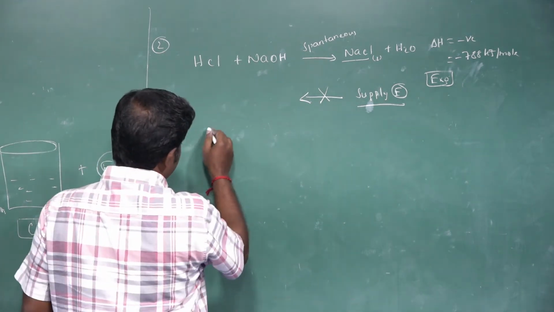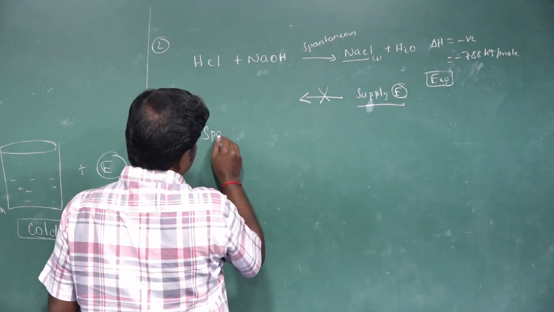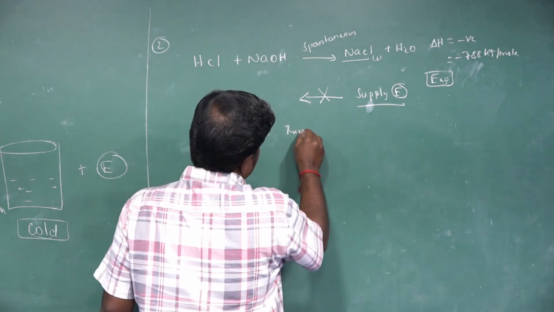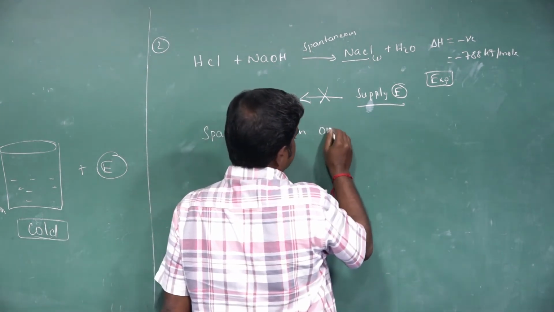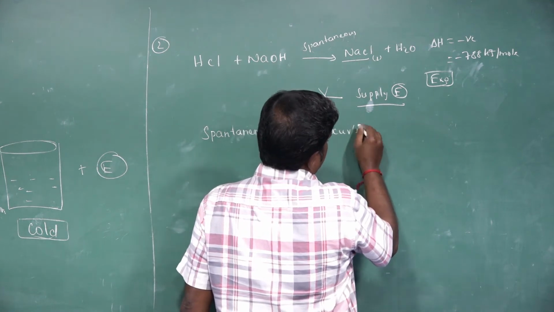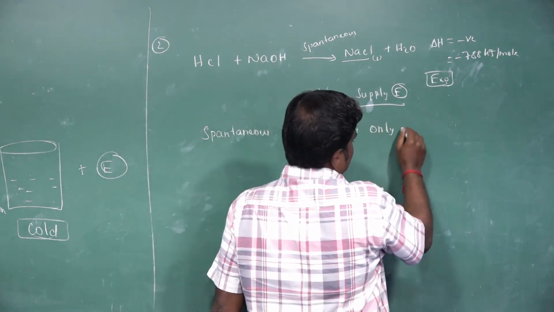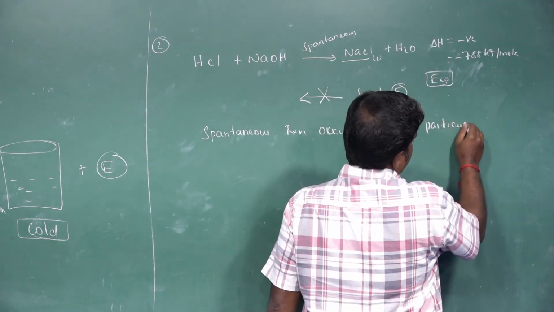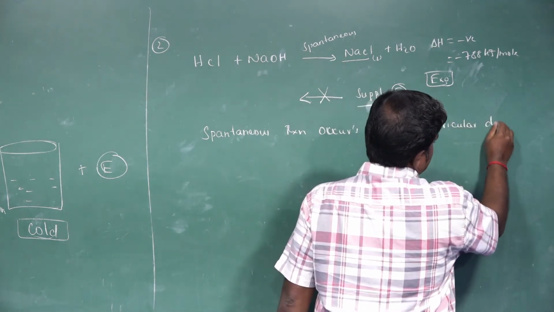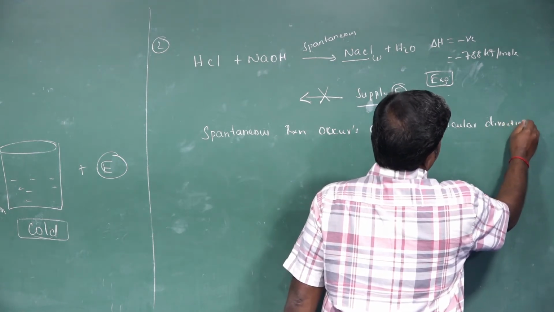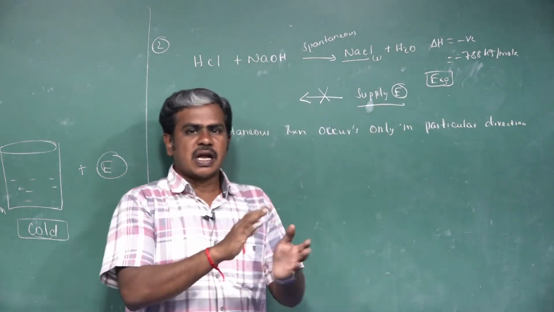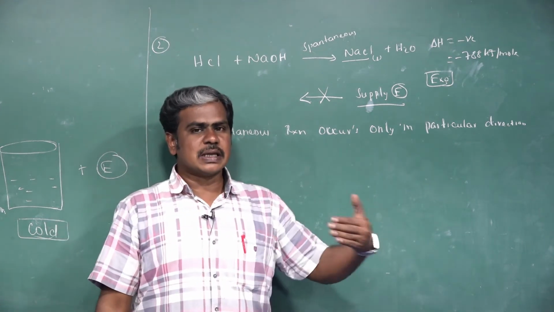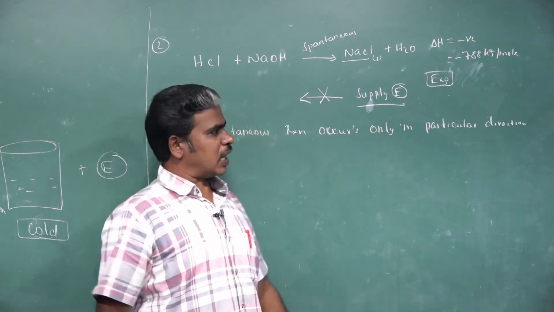Spontaneous reactions occur only in a particular direction. So not all forms of energy are converted into another form of energy. So this is the drawback of the first law of thermodynamics.